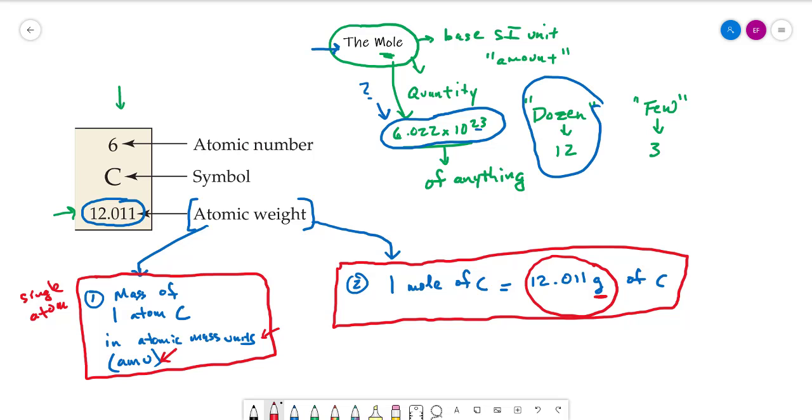And so the convenience of the atomic weight is it gives us exactly this number, either refers to the mass of that 1 atom, or it refers to the mass in grams of a mole of that atom. And a mole, the number of moles, will always be 6.022 times 10 to the 23rd of that. So if I had 6.022 times 10 to the 23rd carbon atoms, they would weigh exactly 12.011 grams. That's the key takeaway here.